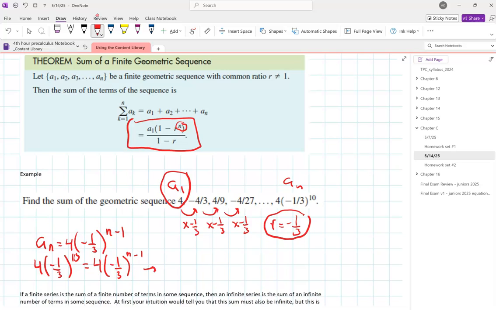So hopefully it's pretty clear from here. I can just say 10 is equal to n minus 1, right? Because everything else is the same except the exponents. So n is 11.